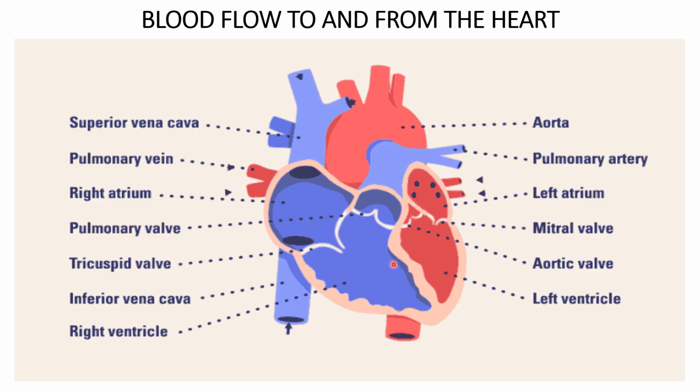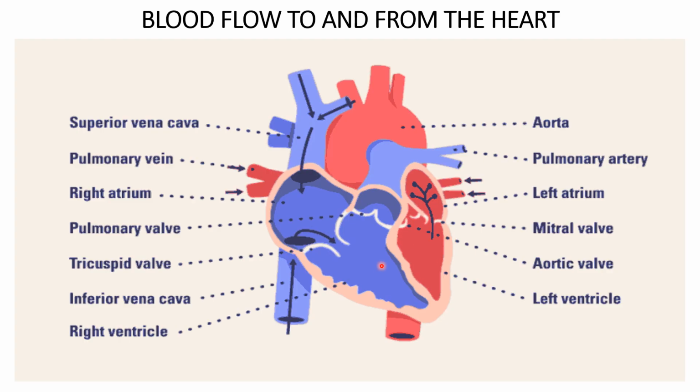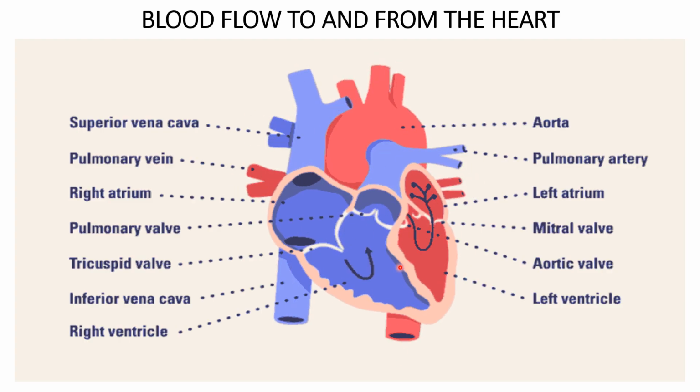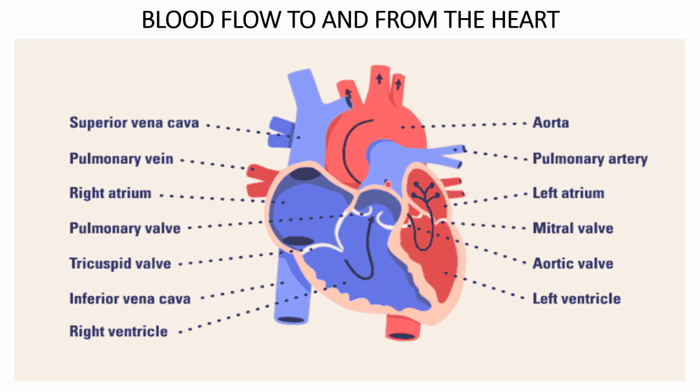You can also notice the same way when ventricles contract. Once ventricles receive blood, blood is forced through pulmonary artery and to aorta.